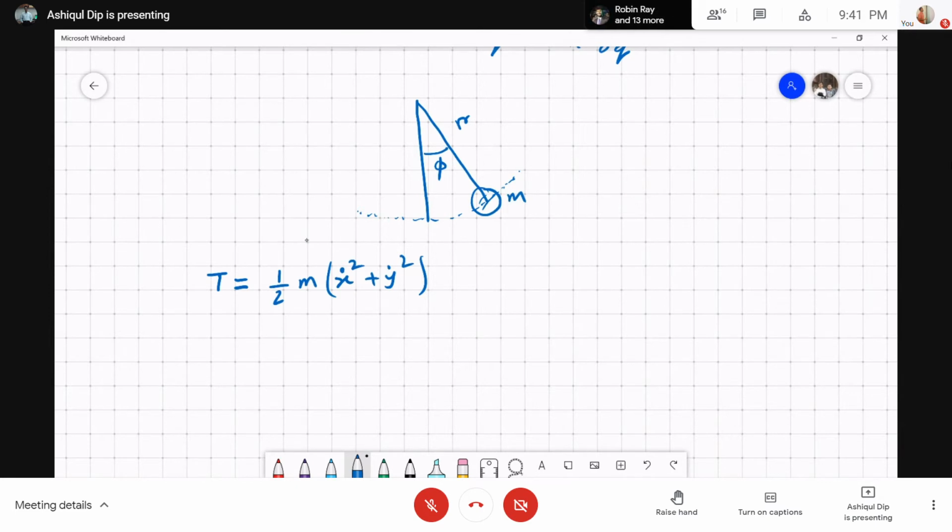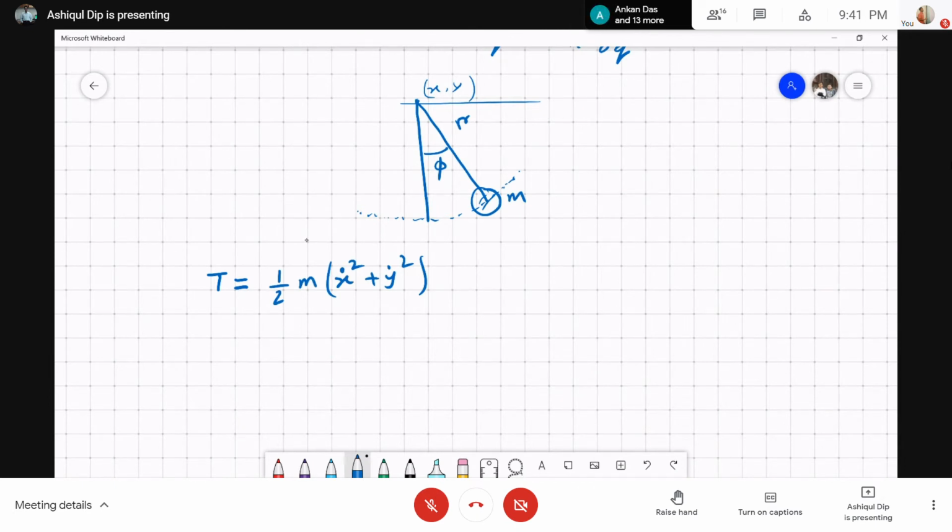So if we consider this thing to be our origin, the origin of the x, y coordinates, what would be the relation between those two? X equal to r cos phi? No, you cannot write that. It depends which is your x-axis and which is your y-axis.